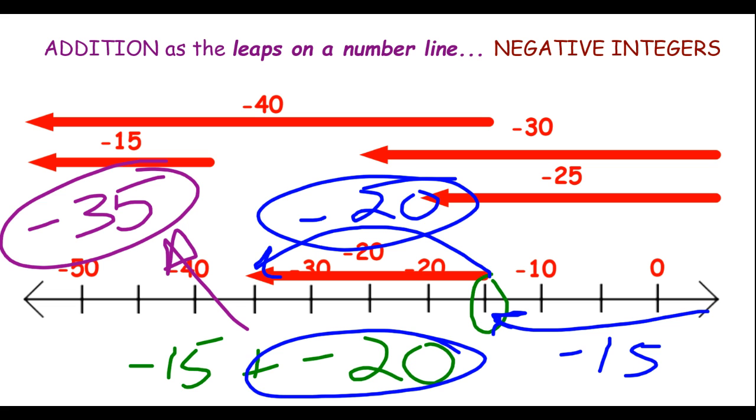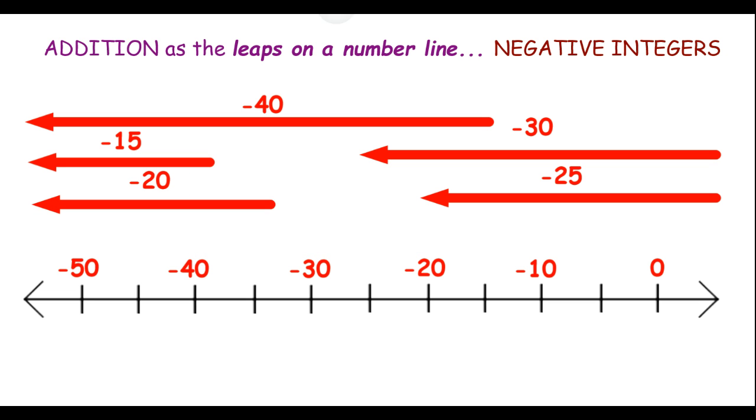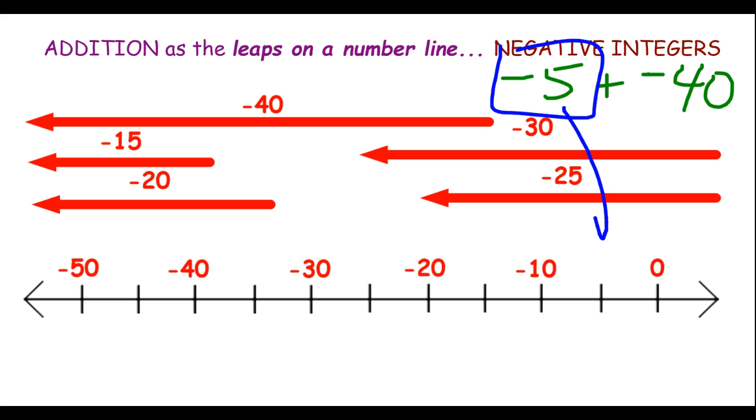Let's take a look at another example of what that might mean. Let's say instead, this time, we're looking for negative 5 plus negative 40. Well, here we start off where our problem says to. Here's negative 5.